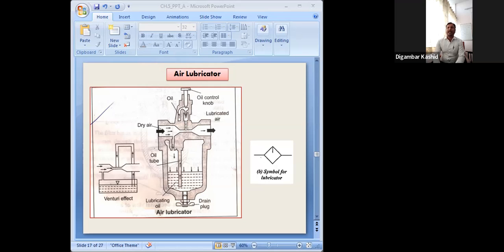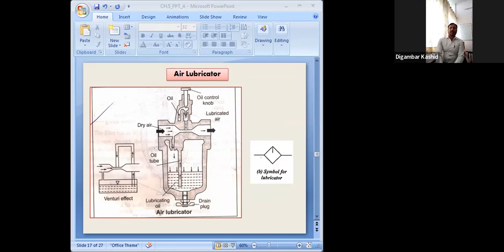Getting it? This lubricator adds the lubrication oil in the form of fine mist, to reduce the friction and wear of the moving parts of your pneumatic components, such as valves, packings and air cylinders.